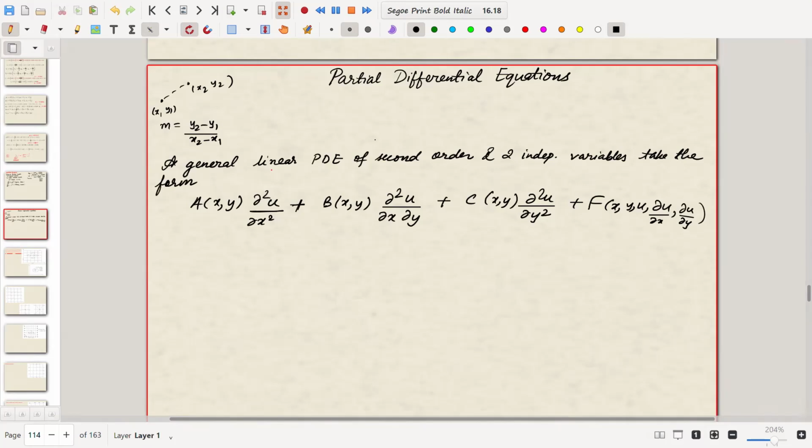All those terms belong to f, equal to 0. Now this is a general linear PDE of second order with two independent variables x and y. So u is a function of x and y, and it follows this rule of PDE. Our job is to find the function u.